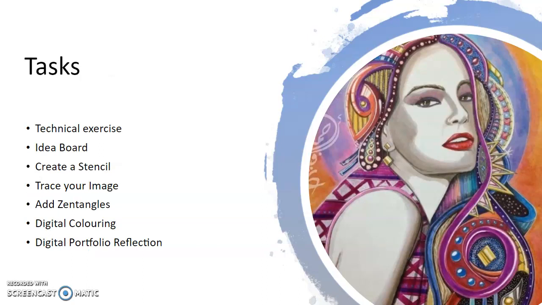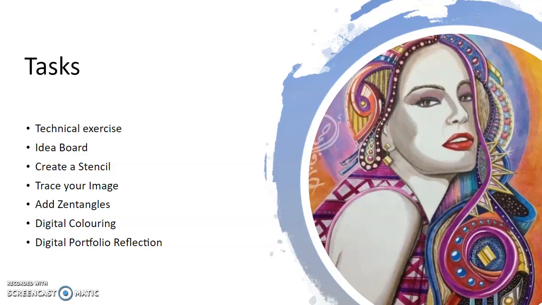So all the different things that we're going to be doing in this project to create our Zentangle portrait is we're going to do a technical exercise. So you know how to do Zentangles. Of course, to start off the project, you're going to make an idea board. I'm going to show you how to create a stencil from some of your ideas on your idea board. I'm going to show you how to trace your image, both with a light table and with your computer.